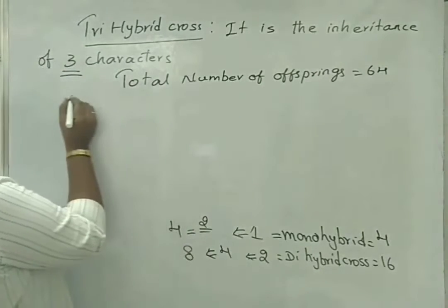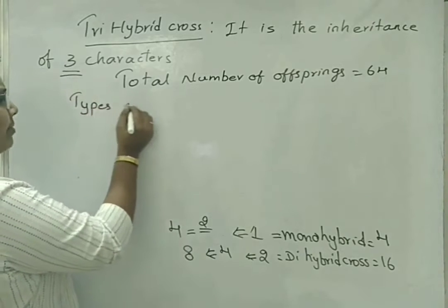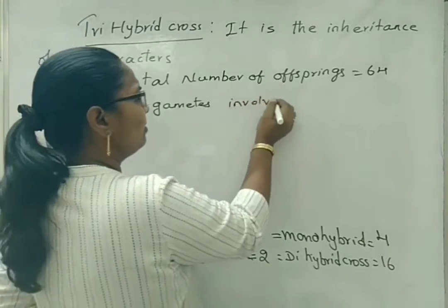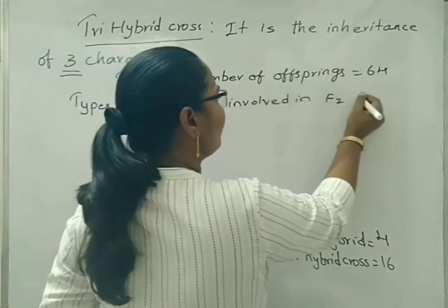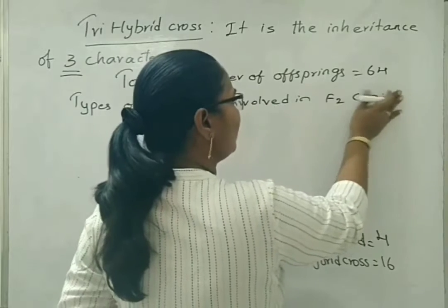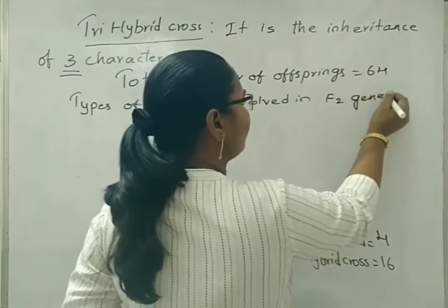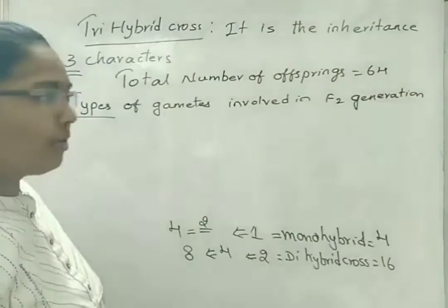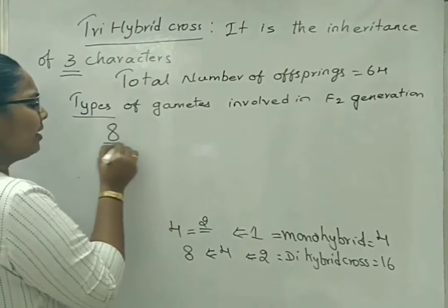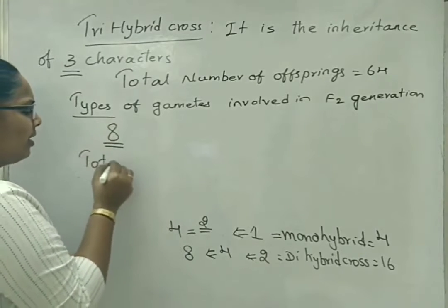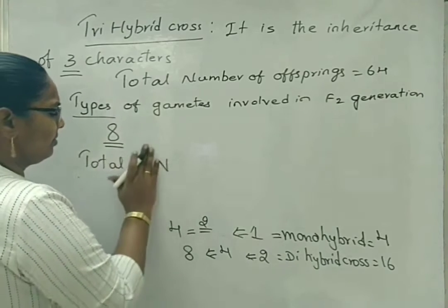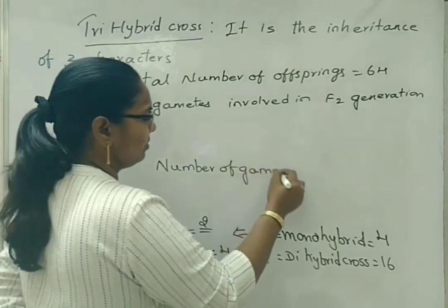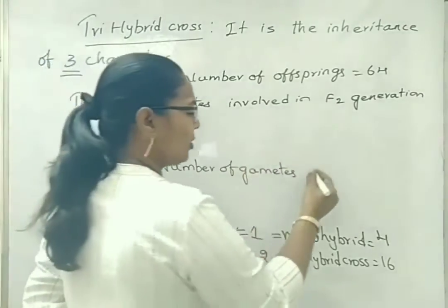In the same way, here types of gametes involved in F2 generation, I have written here. Different types of gametes are 8 in number and total number of gametes for F2 generation.